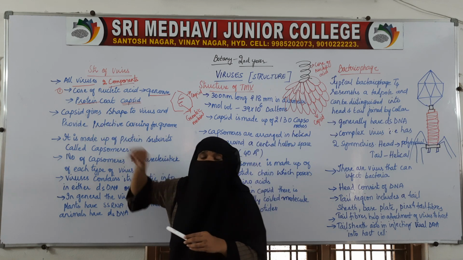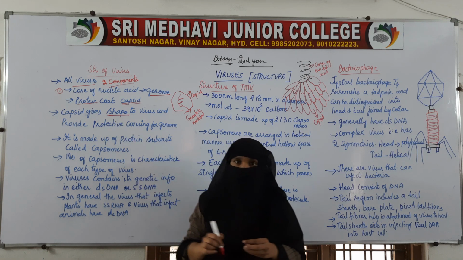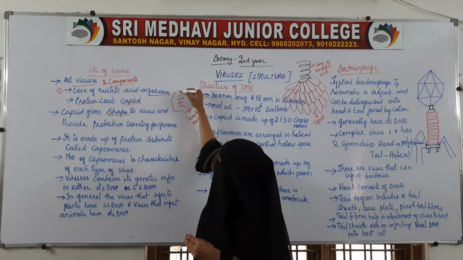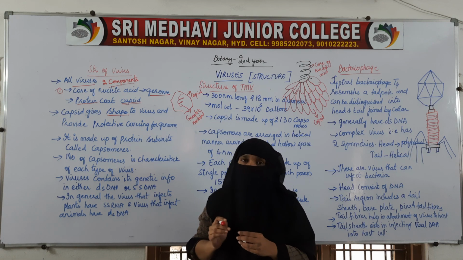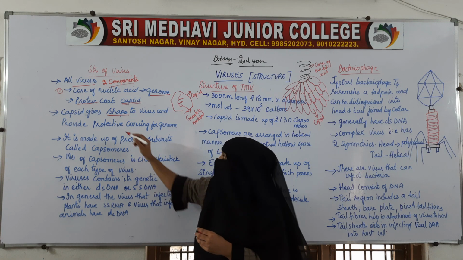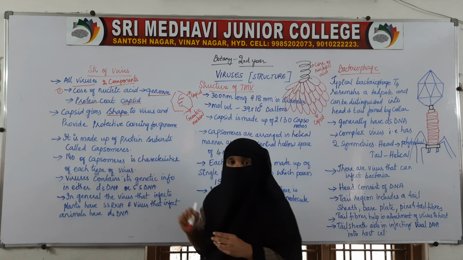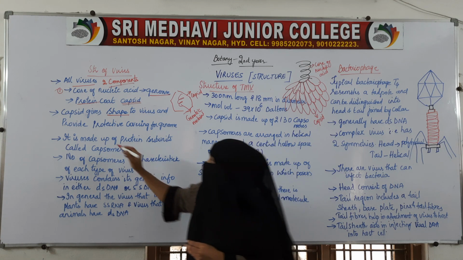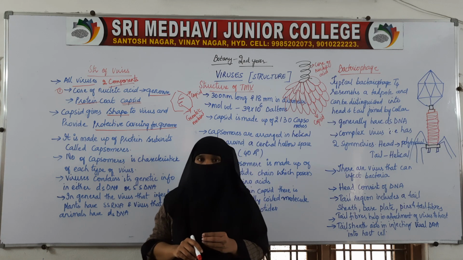What is the function of the capsid? It gives shape to the virus. Whatever is the shape of the protein coat, that is the shape of the virus. Along with giving the shape, it also provides a protective covering for the genome.